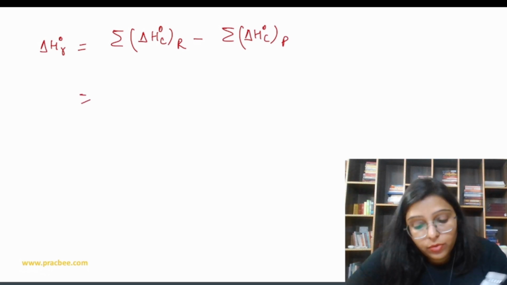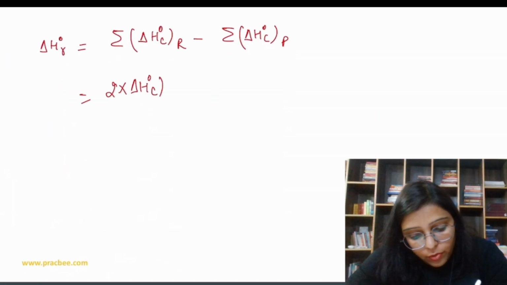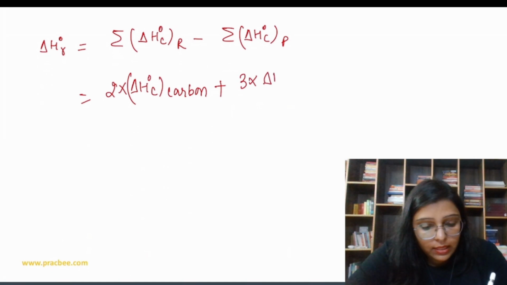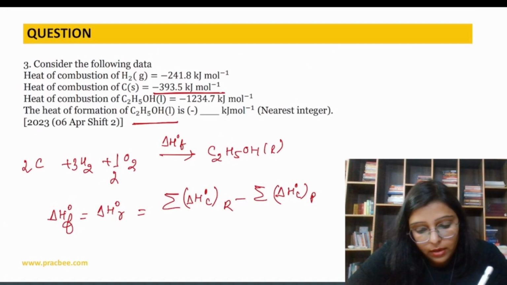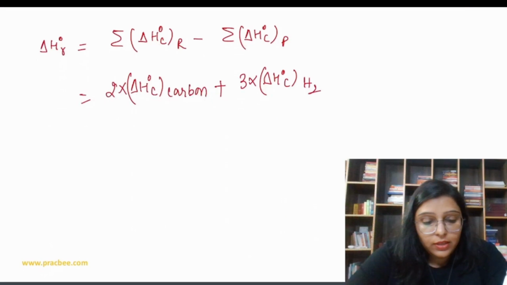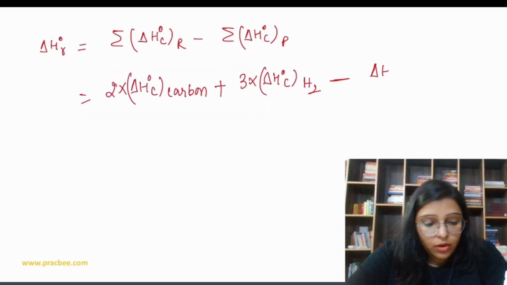So here 2 into enthalpy of combustion for carbon plus 3 into enthalpy of combustion for hydrogen, then for oxygen there is no need to write down the enthalpy of combustion, then minus the product C2H5OH, right? So enthalpy of combustion of C2H5OH.